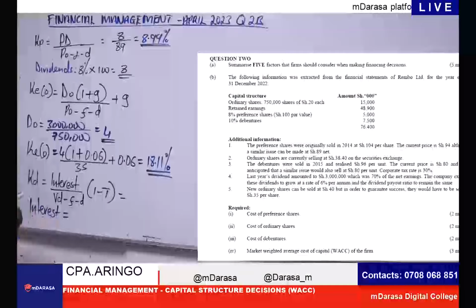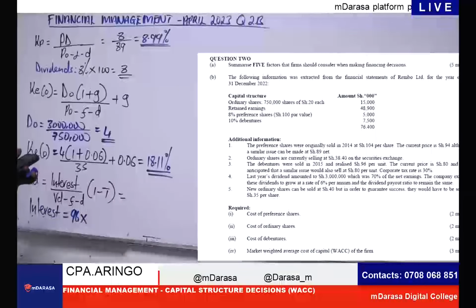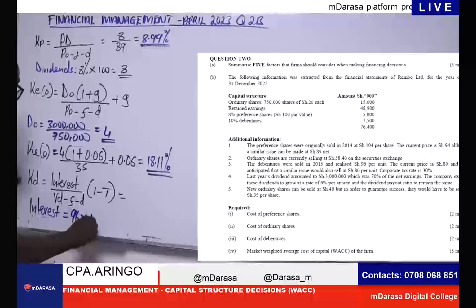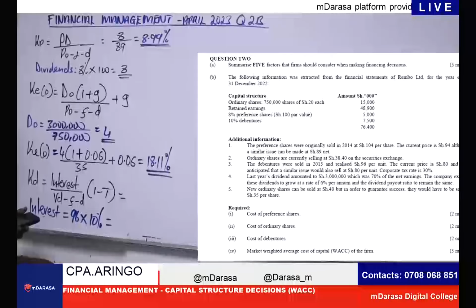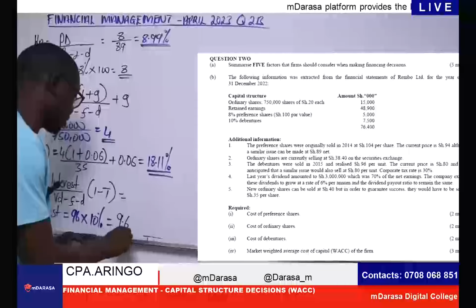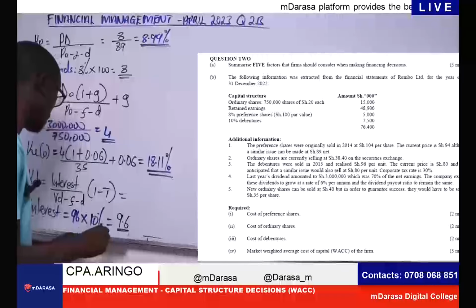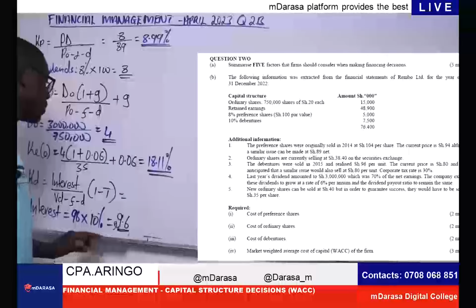So we're going to take that as our par value. So we're having 96 here. We multiply by the rate of this debt, 10%. So the interest on this debt would be 10% of 96, which would give us 9.6. That is the interest, not 9.6% but 9.6 shillings, right? So that will be our interest.